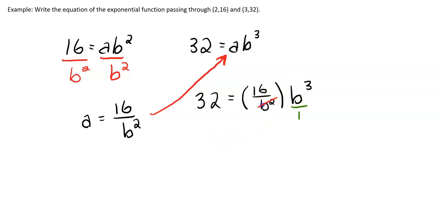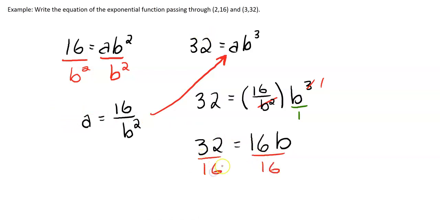So those will divide and leave me just a b on top, which makes this a nice simple problem of 32 equals 16 times b. Now to solve for b, we simply divide by 16 on both sides. So b is going to be 2.